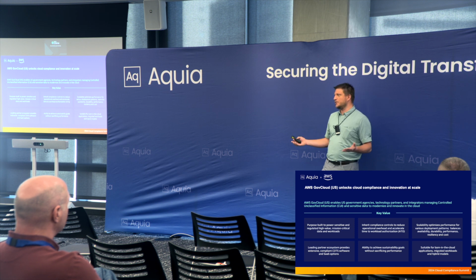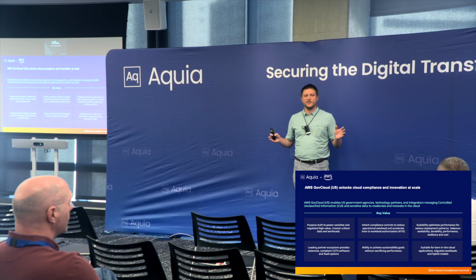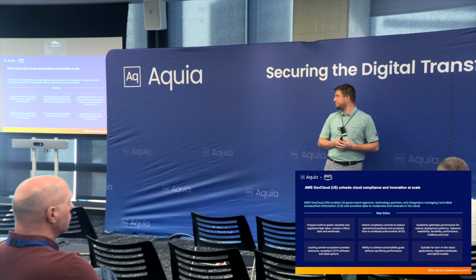We heard earlier today that not only is AWS a CSP, but if you're offering a SaaS or an IaaS or a PaaS, you are also a CSP. So we do our best to offer the tools that you need in order to meet those compliance requirements. GovCloud is specifically designed for those higher levels of accreditation.